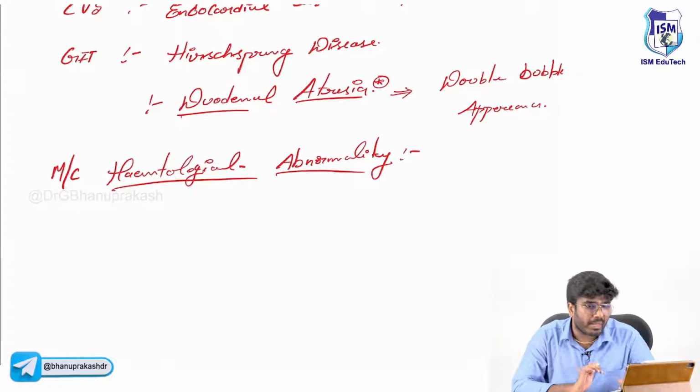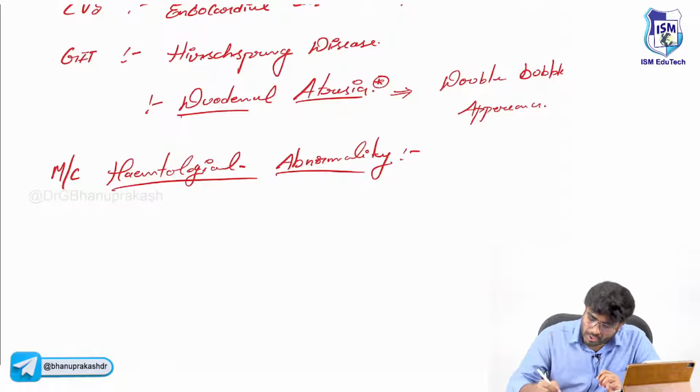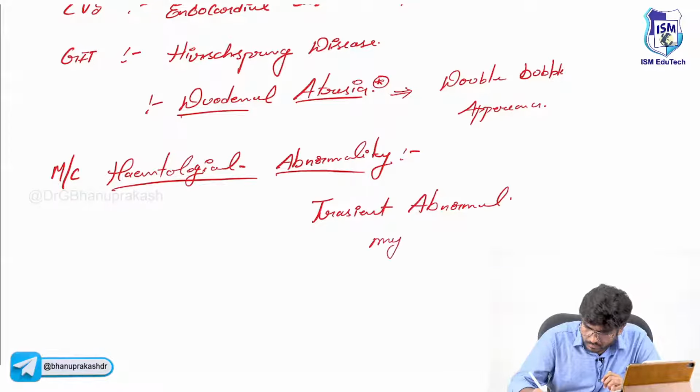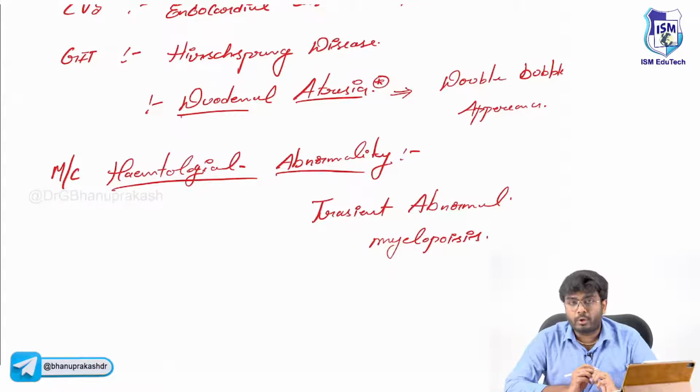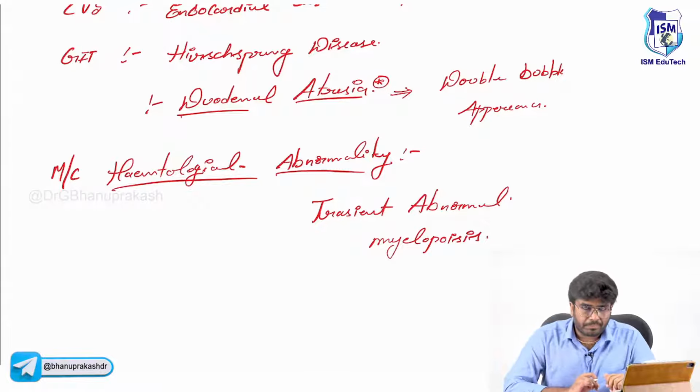It's not a cancer. It's a transient abnormal myelopoiesis. Transient abnormal myelopoiesis is the most common hematological abnormality that is seen.